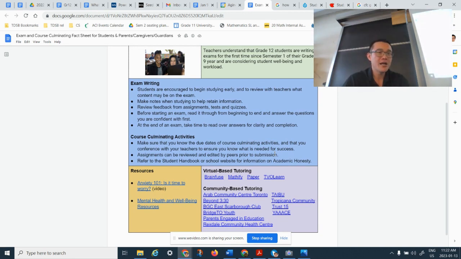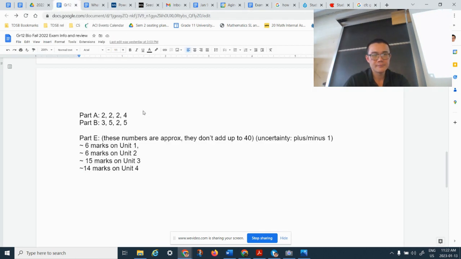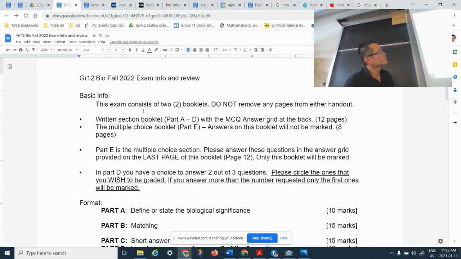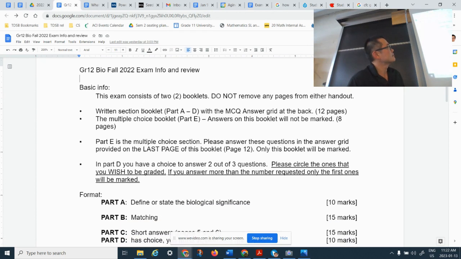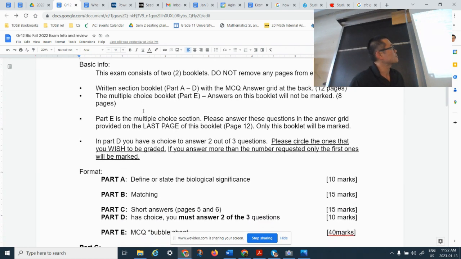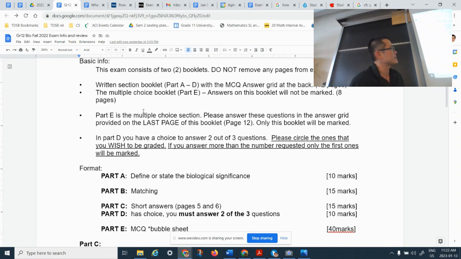Now, in terms of the information on the exam itself, this is the first page, the cover sheet of the exam. Can you look over this first? You can read. It is a paper and pencil exam.